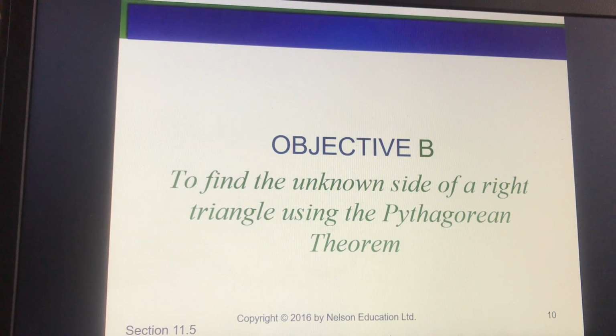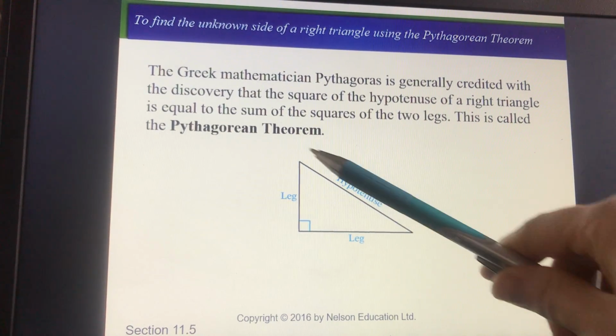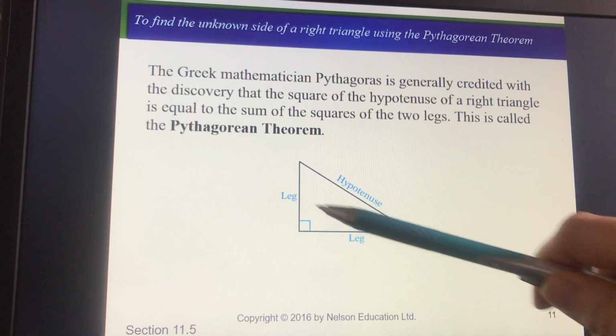Now we're going to use objective A to learn how to find the unknown side of a right triangle using the Pythagorean theorem. The Greek mathematician Pythagoras is generally credited with the discovery that the square of the hypotenuse of a right-angled triangle is equal to the sum of the squares of the other 2 legs.